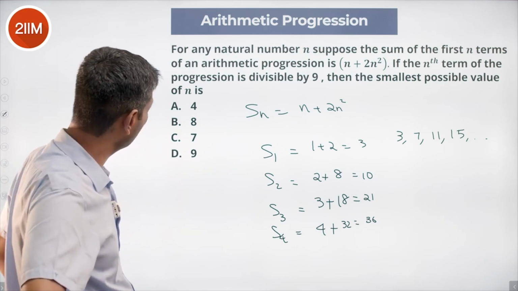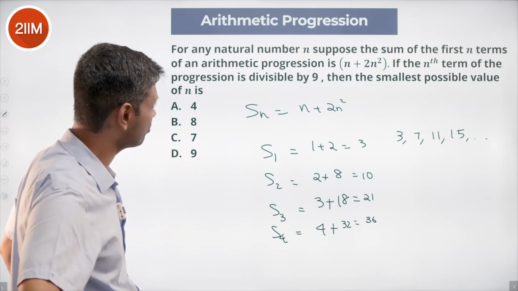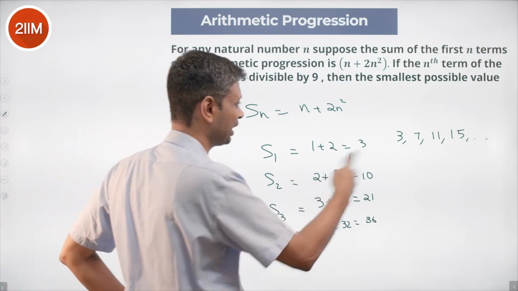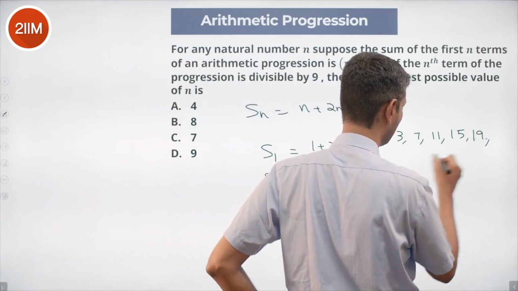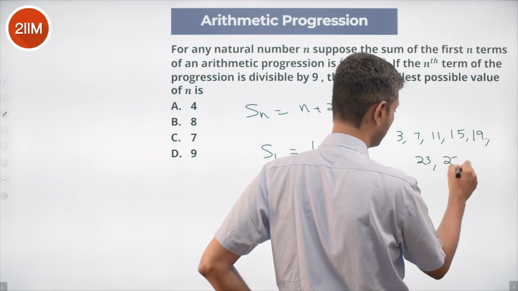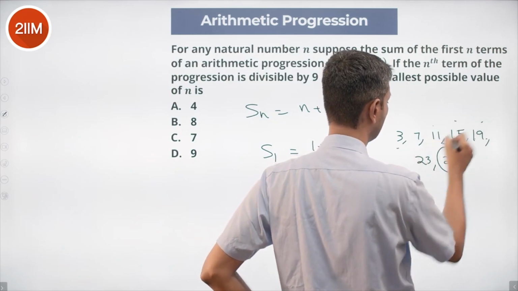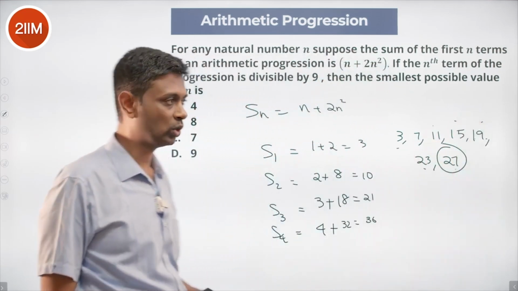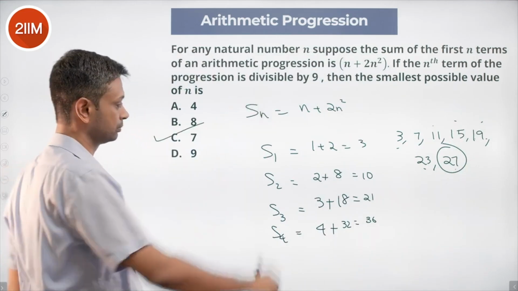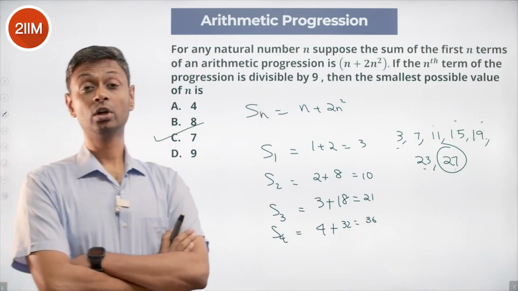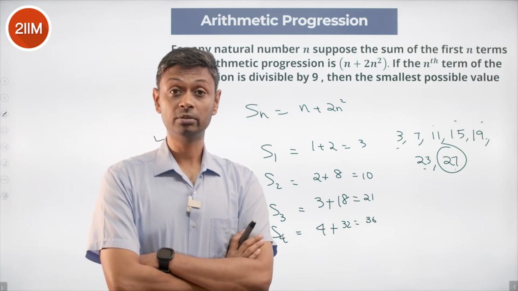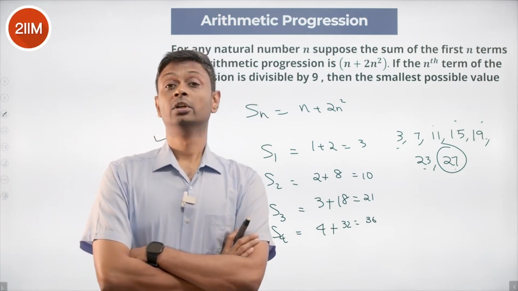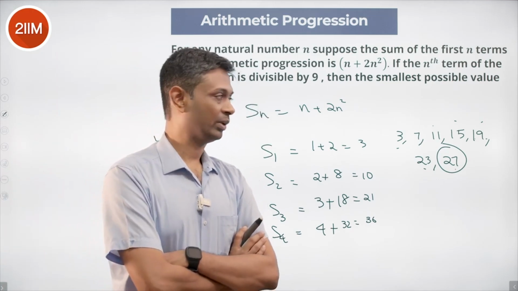If the nth term of the progression is divisible by 9, the smallest possible value of n: 3, 7, 11, 15 didn't work, 19, 23, 27, this works. 1, 2, 3, 4, 5, 6, 7, the 7th term works. Find S1, S2, S3, S4. With that we have found term 1, term 2, term 3, term 4. With that we know the AP. Write down the AP; one term is a multiple of 9.